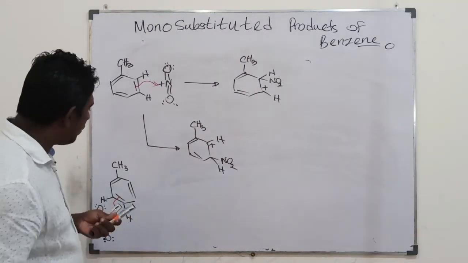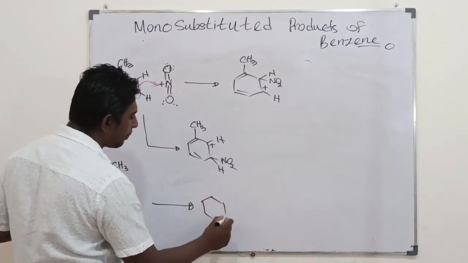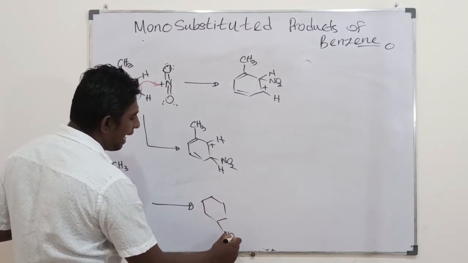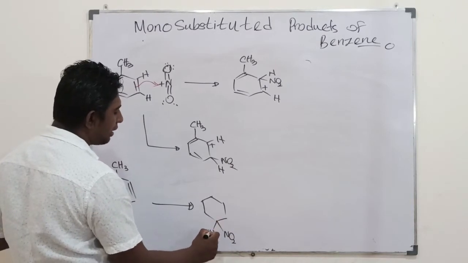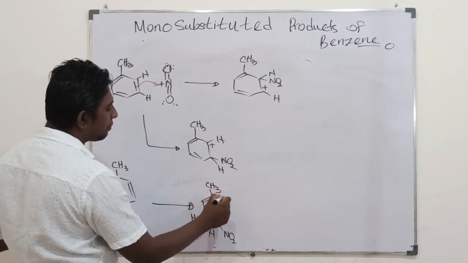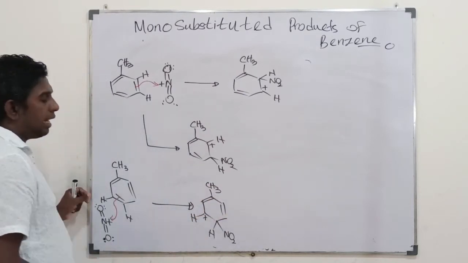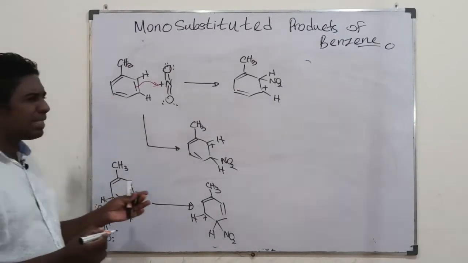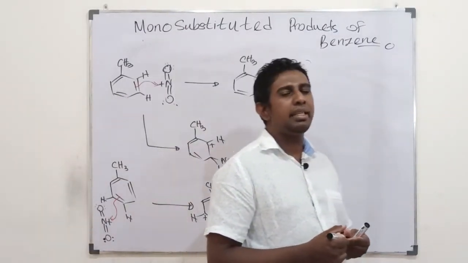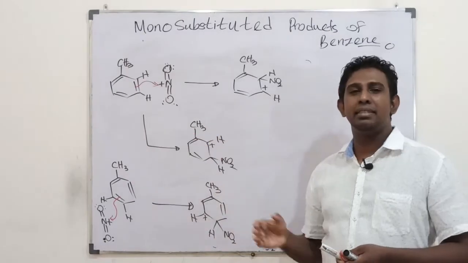If that's the case, what you get is nitro attached here. You have an H there, you have an H there as well. This is the methyl group, which remains unchanged. So there's a positive site on that carbon. These are the intermediate cations formed by each attack.